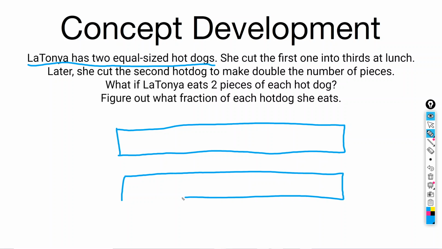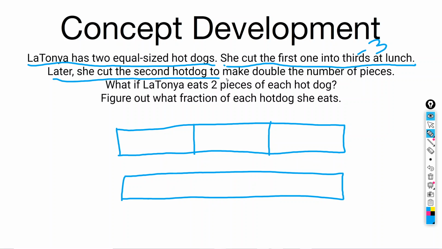So the 2 fraction strips are the same size, just like the 2 hot dogs would be. Okay, then it says she cut the first one into thirds at lunch. So this first hot dog we're going to break into thirds. So remember, thirds is the same as 3. So we have 1, 2, 3 pieces.